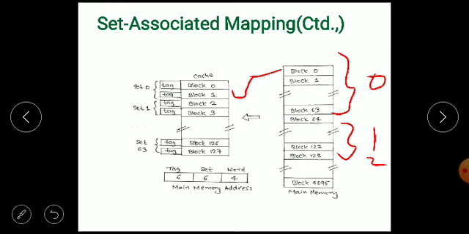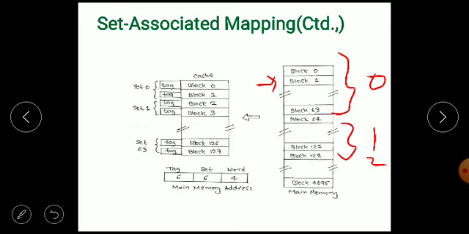Similarly, while moving the second blocks from every page, in page 0 block 1 is the second block, in page 1 block 65 is the second block, and in page 3 block 129 is the second block.